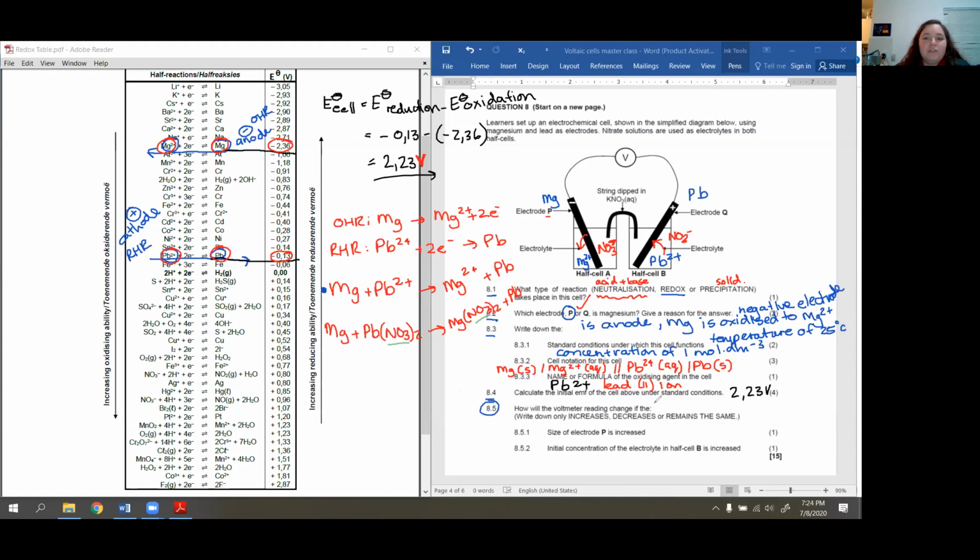How will the voltmeter reading change if the size of the electrode P, which is over here, is increased and the initial concentration of the electrolyte in the half cell is increased? So as a hint, you can only write down increase, decrease, or remain the same. I'm going to quickly pause while I give you an opportunity to commit to an answer.